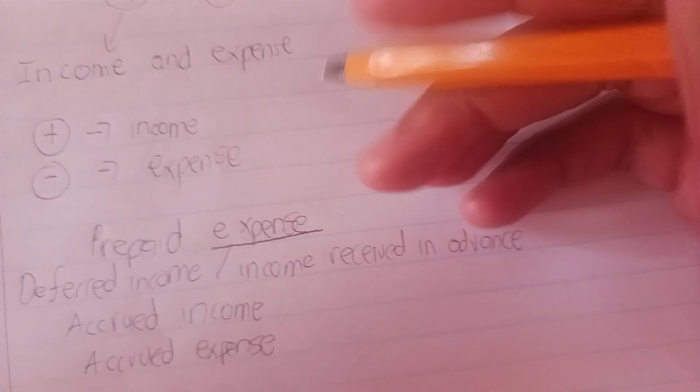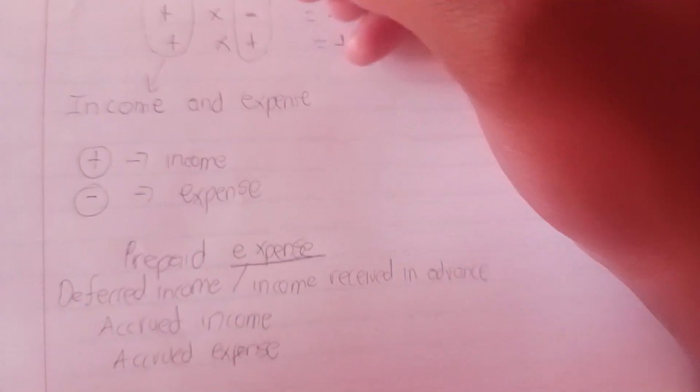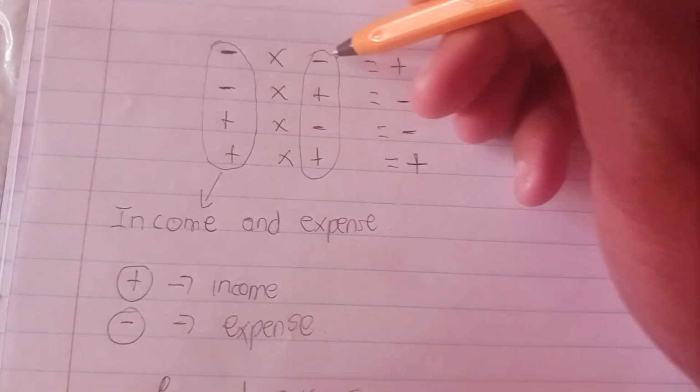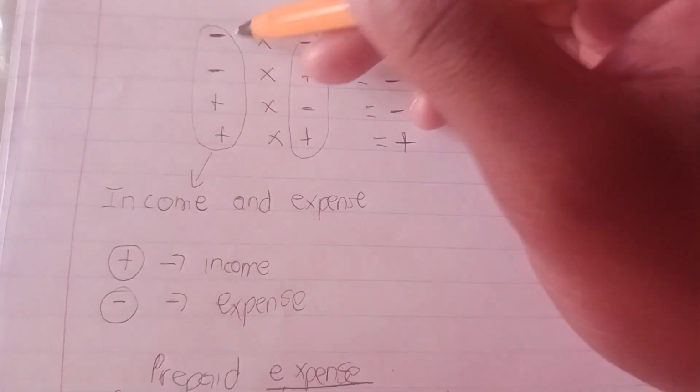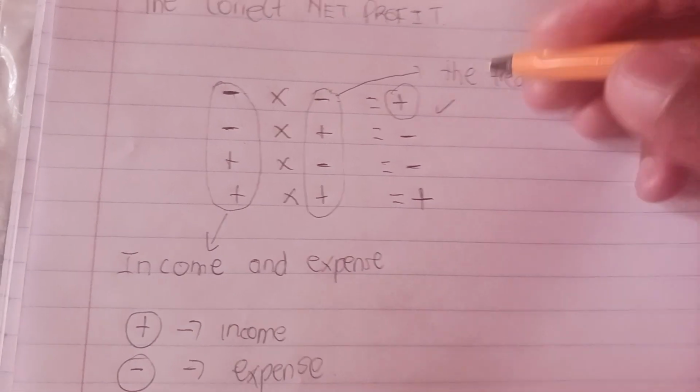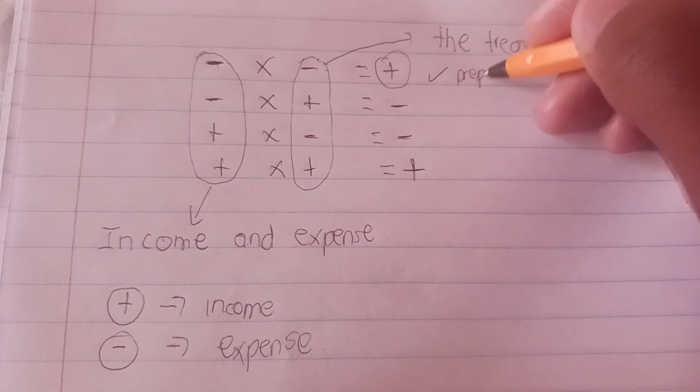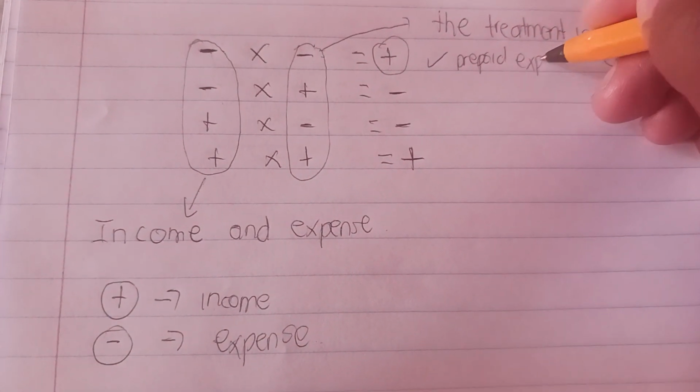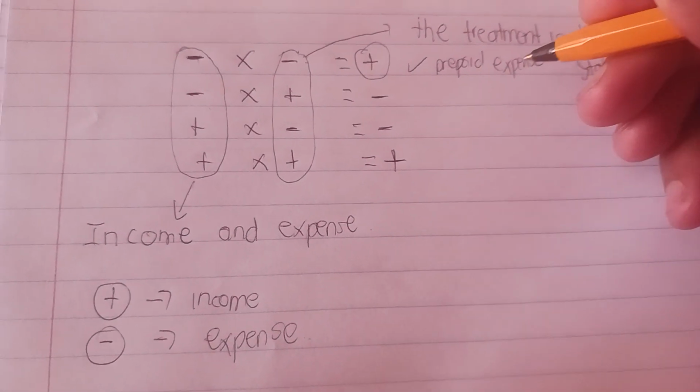So that's why you need to subtract that. So it's a minus, and then we subtract it in the income statement. So minus, and then it's going to be a plus. So it's this one. So this guy is for the prepaid expense. I hope you guys understand.